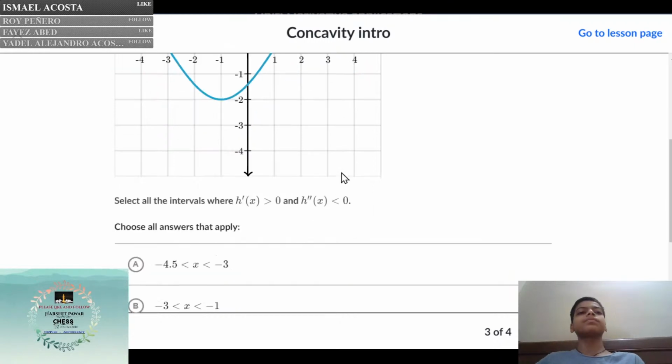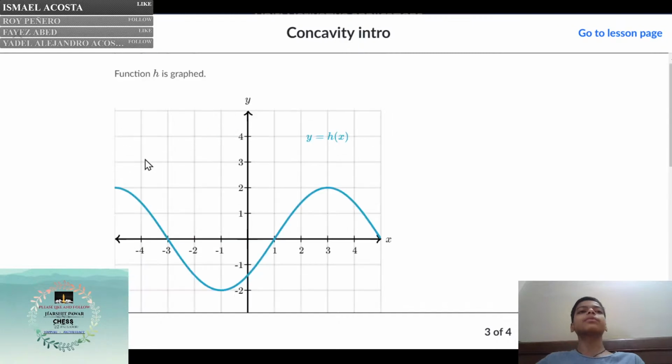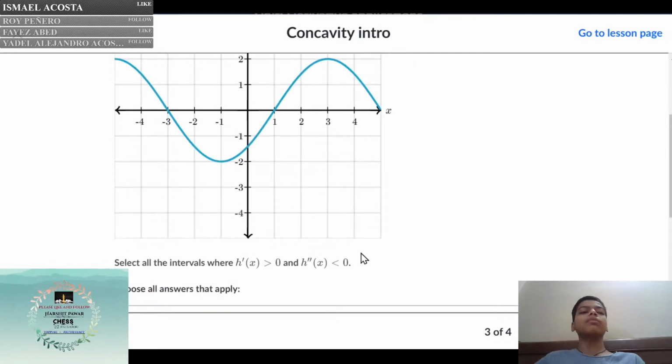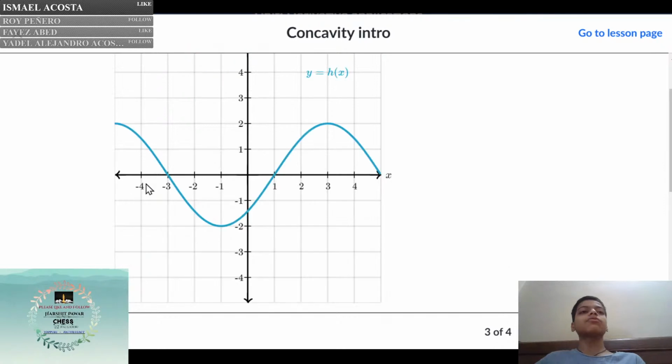This is not an option. Let's see, from negative 3 to negative 1. We are approaching 0, so we are increasing, that means we are decreasing then increasing.